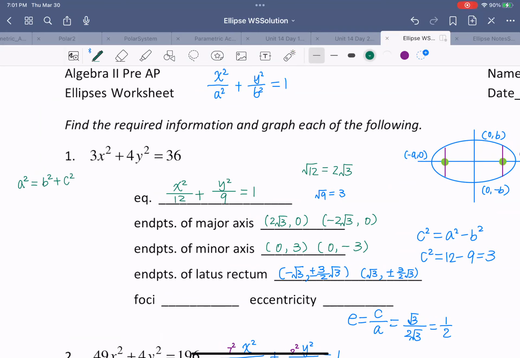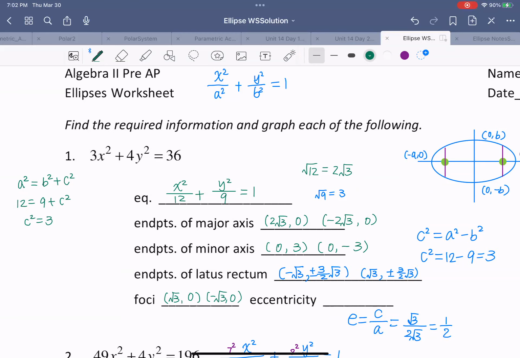So you have a squared as 12, b squared as 9. So your c squared equals how much? 3. Make sense? Yes. So your foci are square root 3, comma 0, and negative square root 3, comma 0.